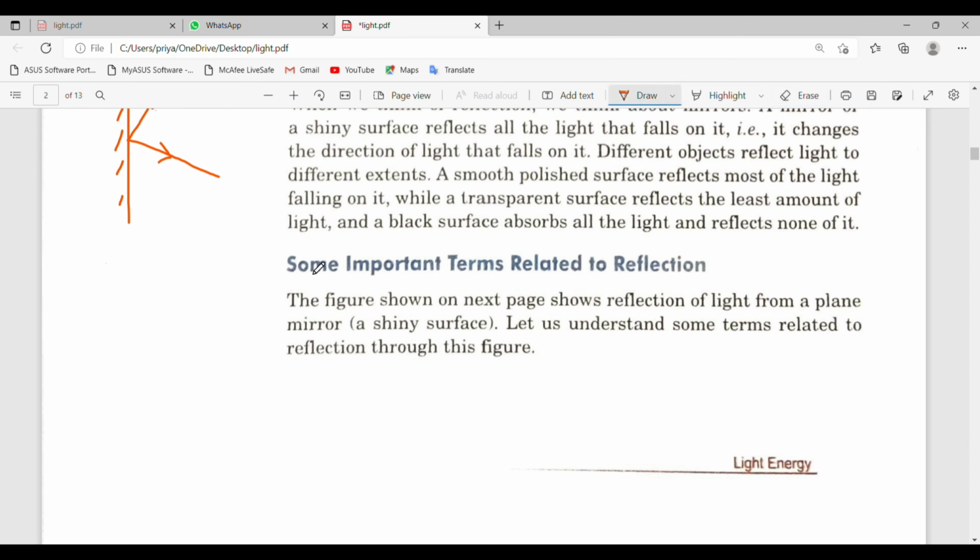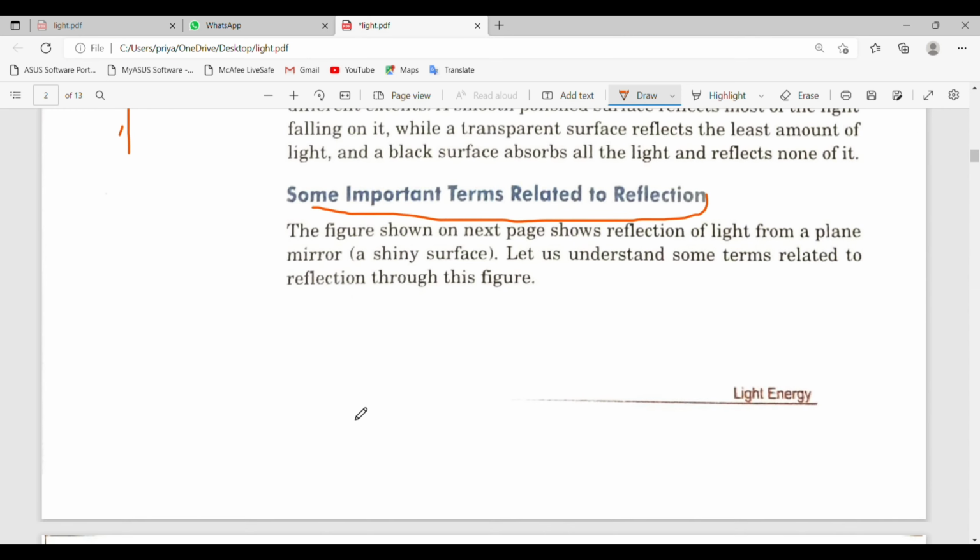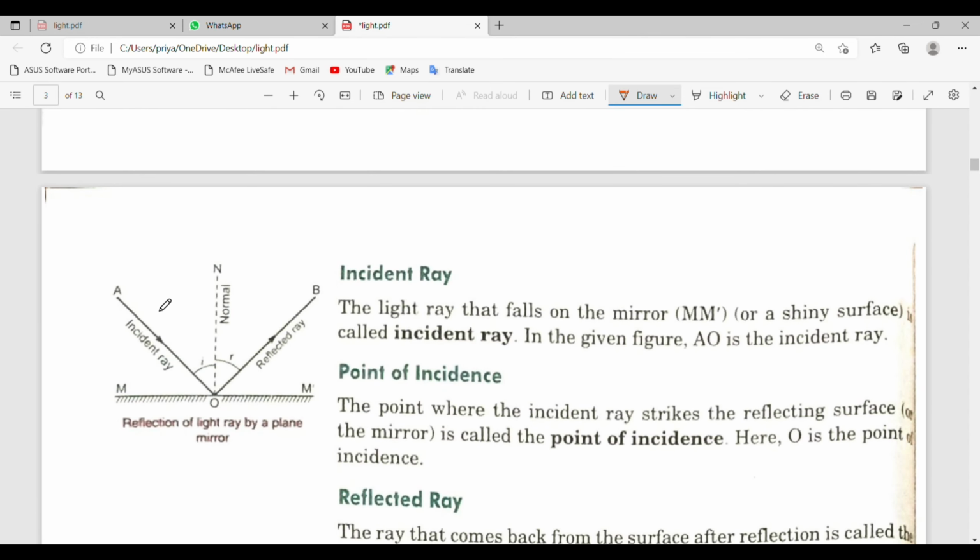Now moving forward, we will study some important terms related to reflection. The first word is incident ray.